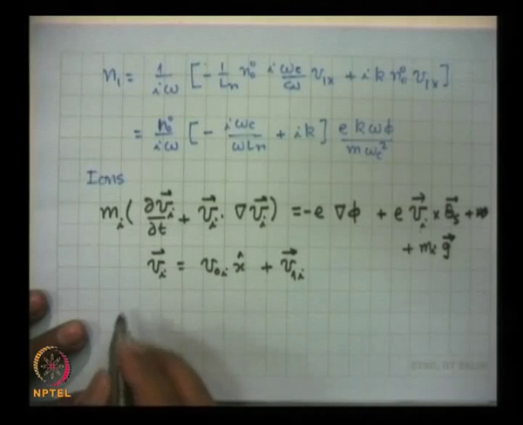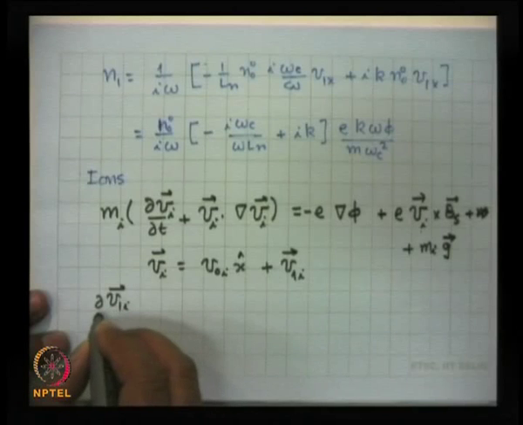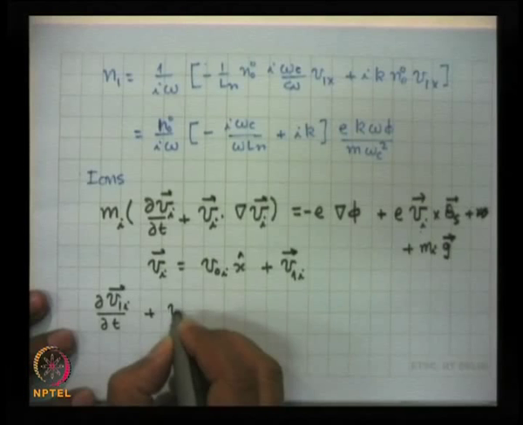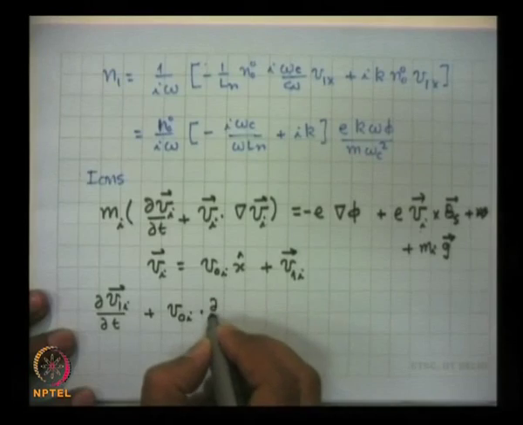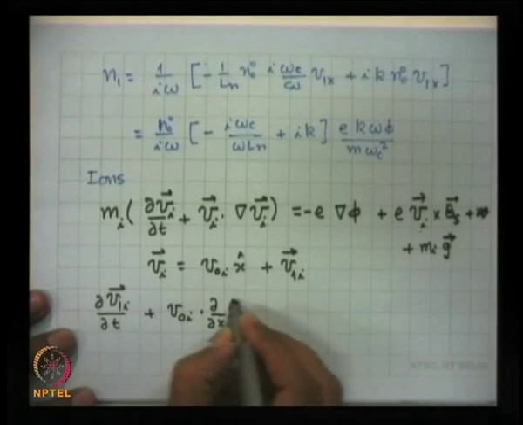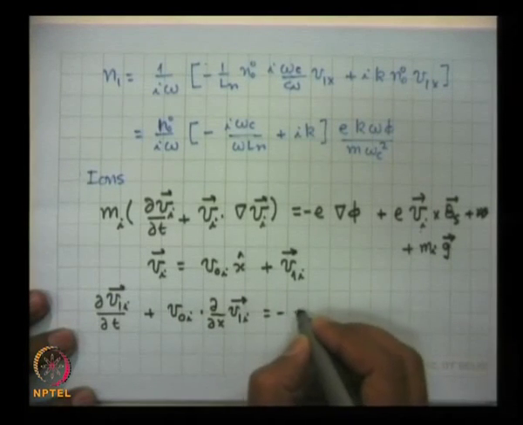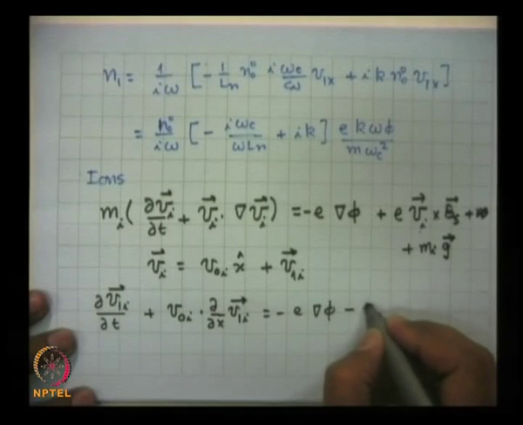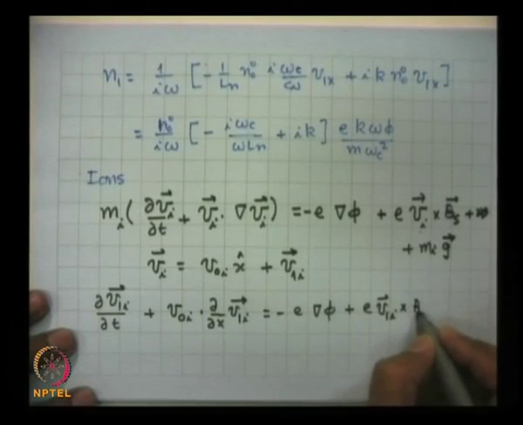And this equation linearization gives delta V1i upon delta t plus V0i dot delta delta x of V1i is equal to minus e gradient of phi, and this term will give you plus e V1 of ion cross B0.